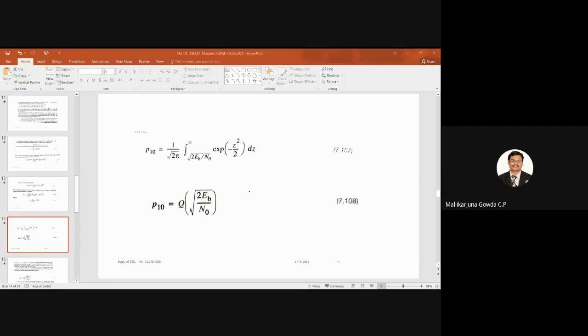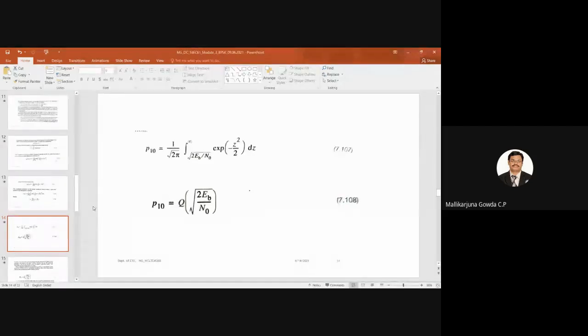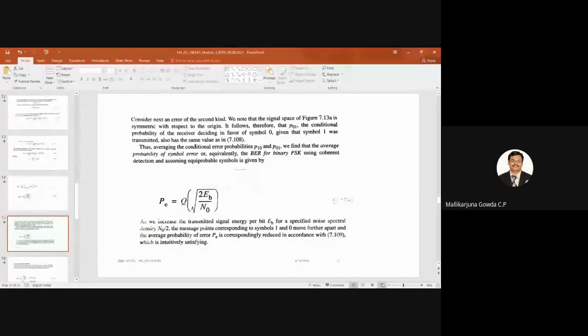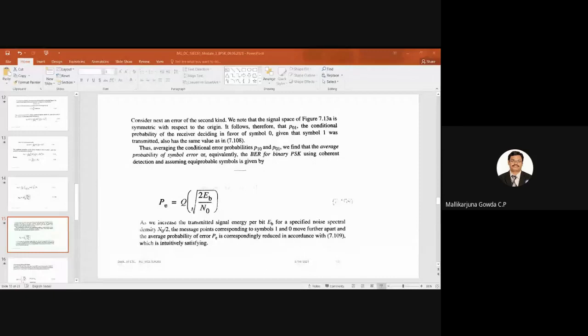So by taking average of that, P10 plus P01 by 2, the average probability of error, which is denoted as P suffix E, will be expressed in terms of Q function only, which is equal to Q of root of 2 Eb by n naught. In between, maybe one or two steps are there with respect to that integration, changing limits. Just try to understand that. If you are not able to get that one, I can help you.